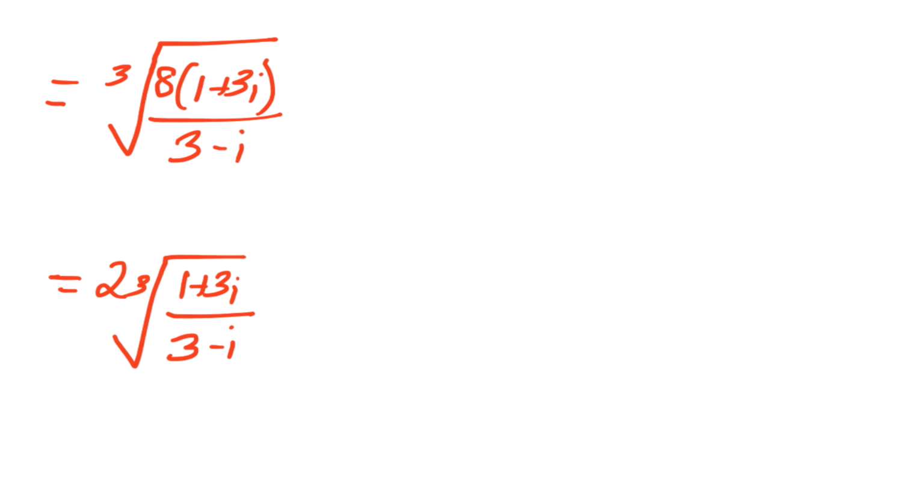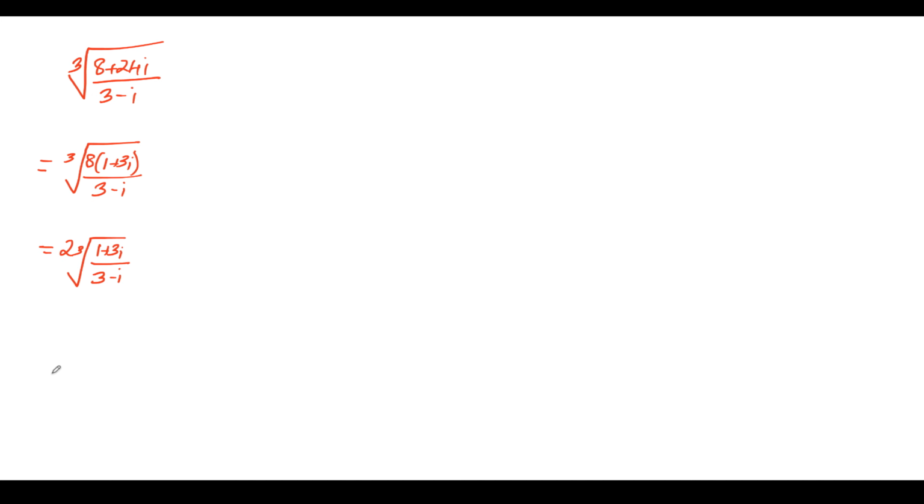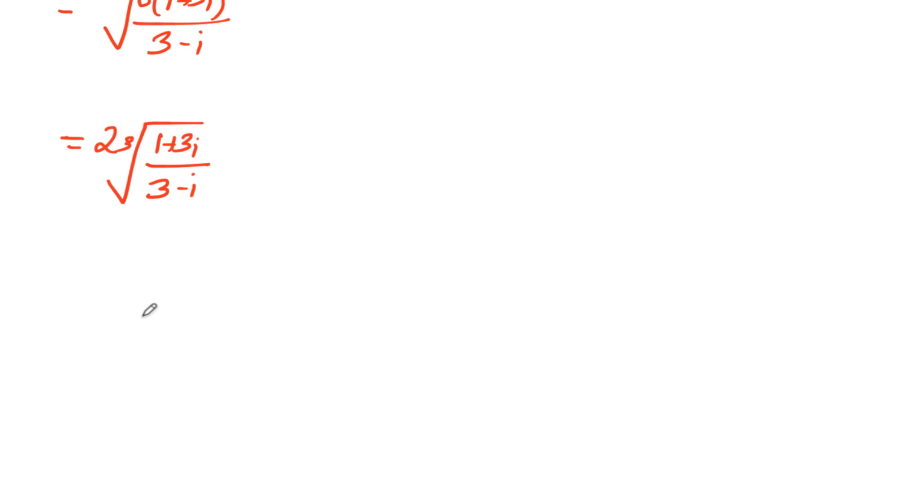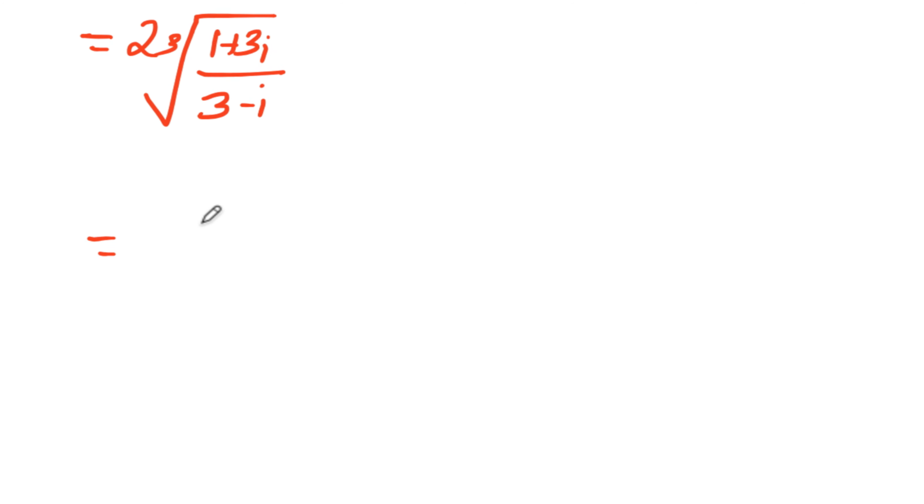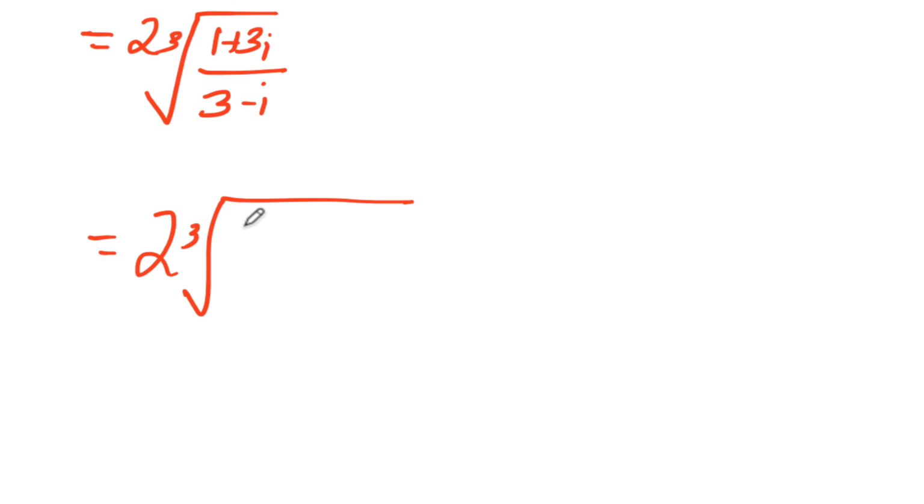Now what we can do is multiply the numerator and the denominator with 3 plus i, right? So we have a 2 here, and we will multiply the numerator and the denominator with 3 plus i.